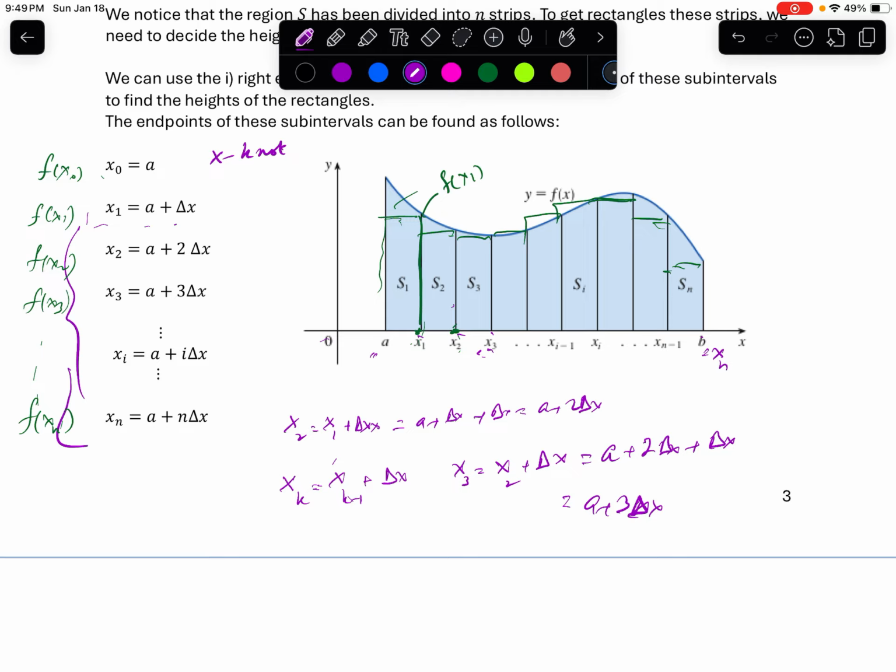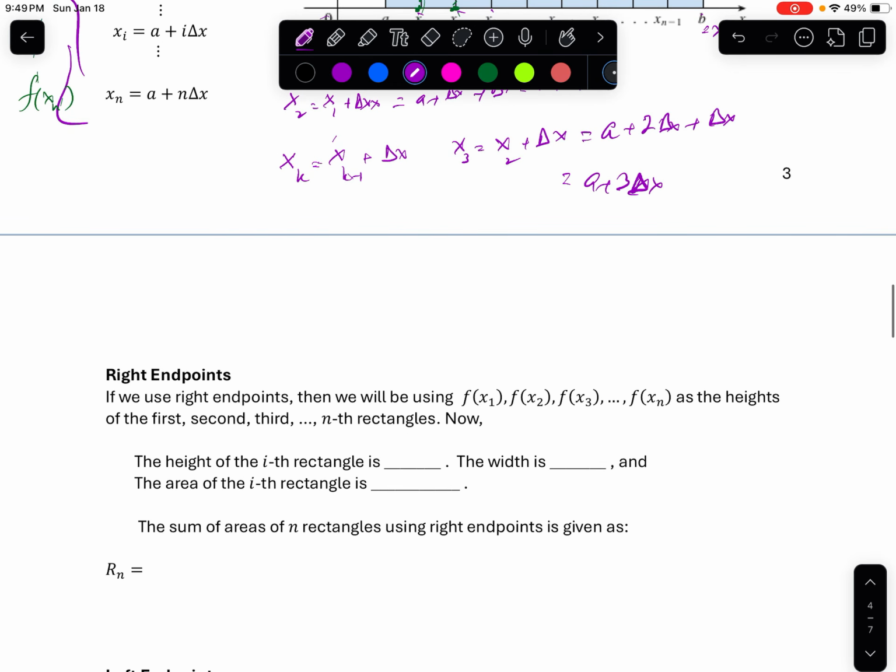N rectangles. But we have one extra tick mark because of the endpoints on both sides. So if we use the right endpoints, what heights will we be using? The height of the first rectangle is f of x1, second will be f of x2, third height will be f of x3, and so on. The last rectangle will have its height f of x sub n.